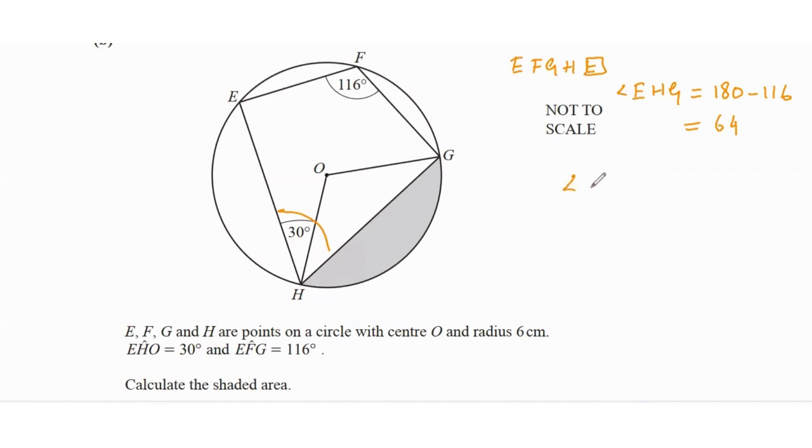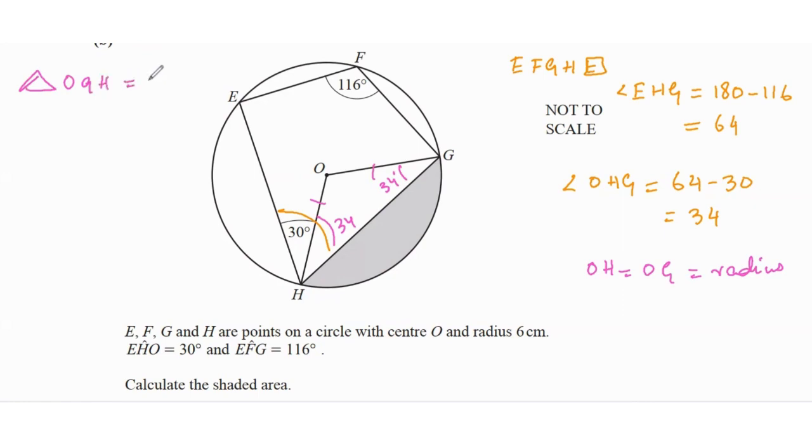So that means angle OHG would be 64 minus 30, which is 34. So this part here is 34. Now, since OH equals to OG, because they're basically the radius of the circle, that means this would also be 34, and triangle OGH is an isosceles.